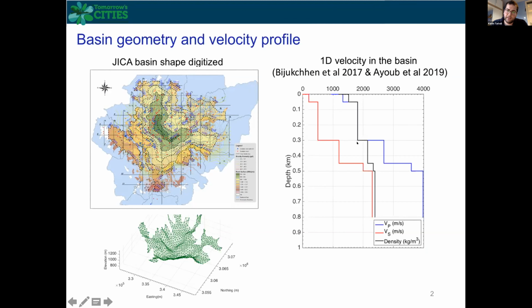This is based on the validated work that Bijuk Chen has done for the strong motion recording stations in the Kathmandu Basin, and Ayub has also used it for similar simulations in the Kathmandu Valley. I guess in the absence of more data that will come through the passive seismology work, these are sensible assumptions that I have made for the simulations.